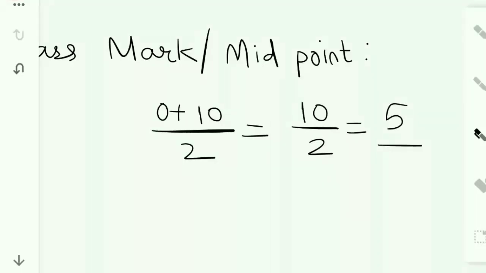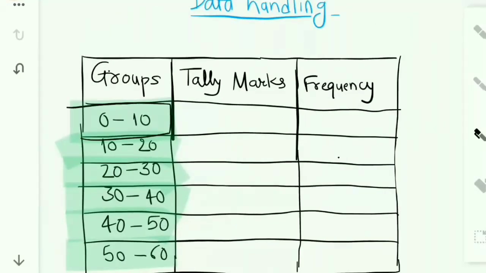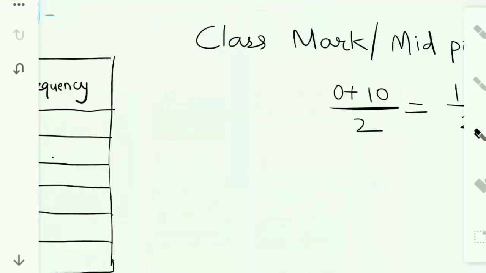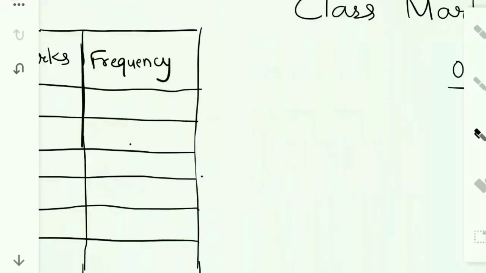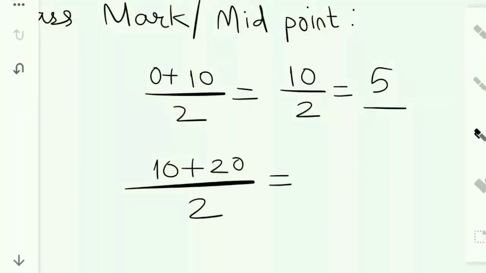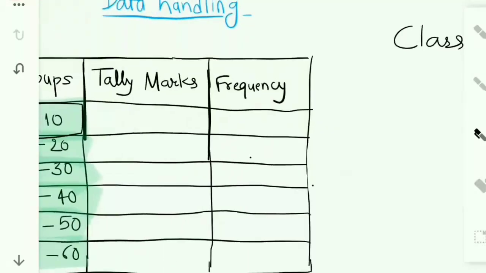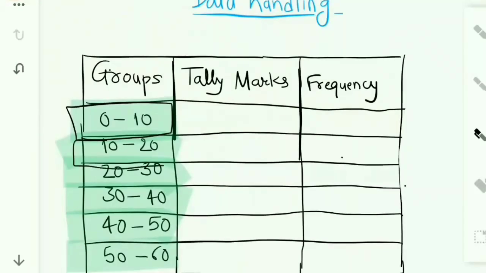So 5 is the class mark for this first class interval. For the second, 10 to 20, 10 plus 20 divided by 2 equal to 30 divided by 2 equal to 15. So this 15 is the class mark or midpoint for this interval. Okay, and so on.